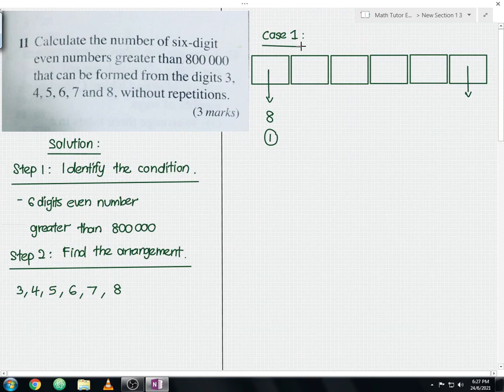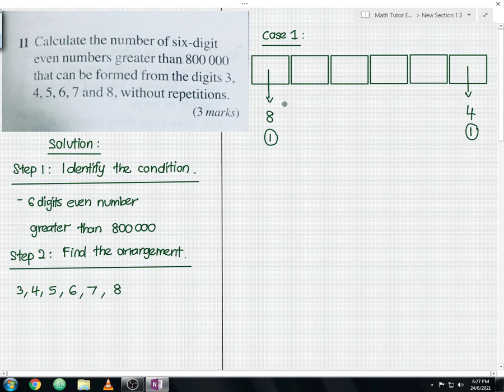Guys, I know this chapter is a bit tricky, but please follow along with me. For example, you already fixed your number 8 in the first digit, and now you are left with 2 even numbers. Then you decide that now I'm going to place number 4 over here for my first case. If you place number 4 over here, you can only have one possible number.